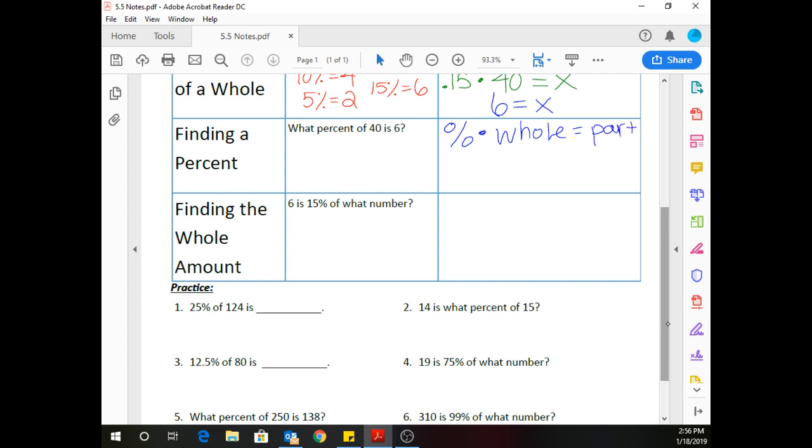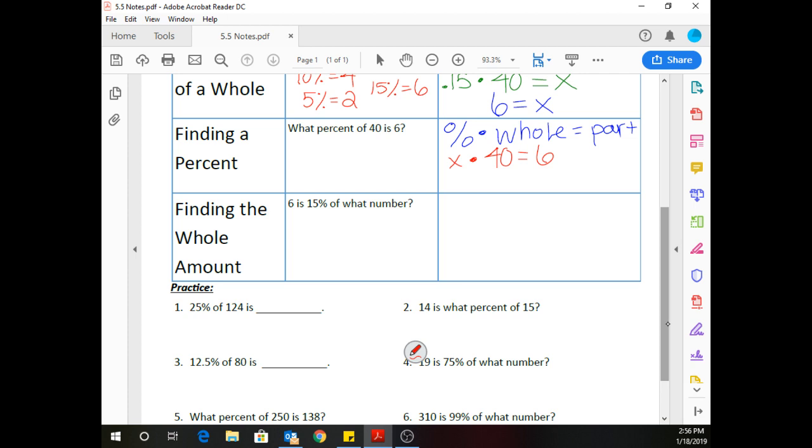So I already know my variable is going to be the percentage, so x. Times the whole. So "of 40 is 6." Basically, I got a 6 out of 40 on the test. So x times 40 is equal to 6. Everybody with me so far? Anyone confused up to this point?